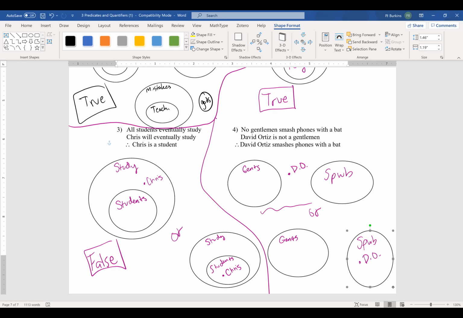We've got this one and we've got the one below. So can we conclude that David Ortiz smashes phones with a bat? So again, we cannot, right? So this is also false.